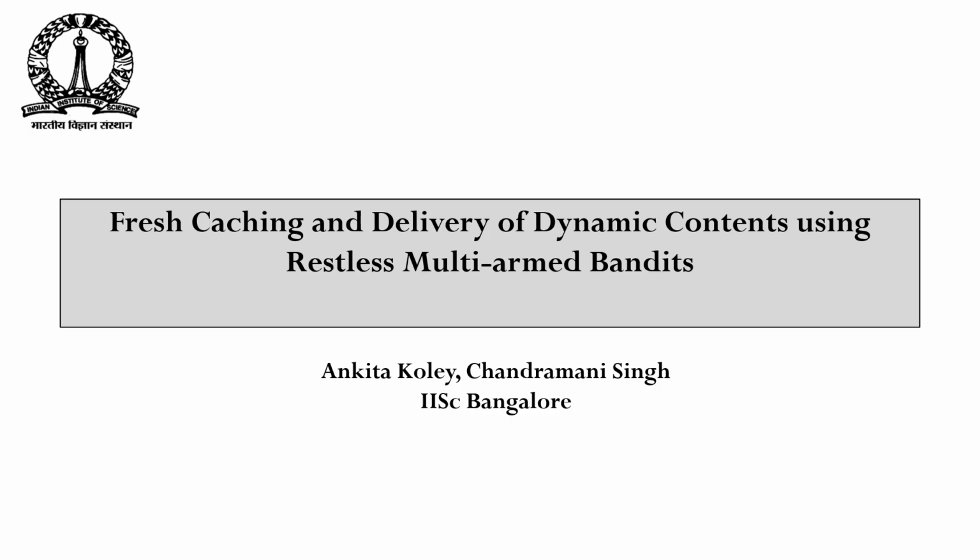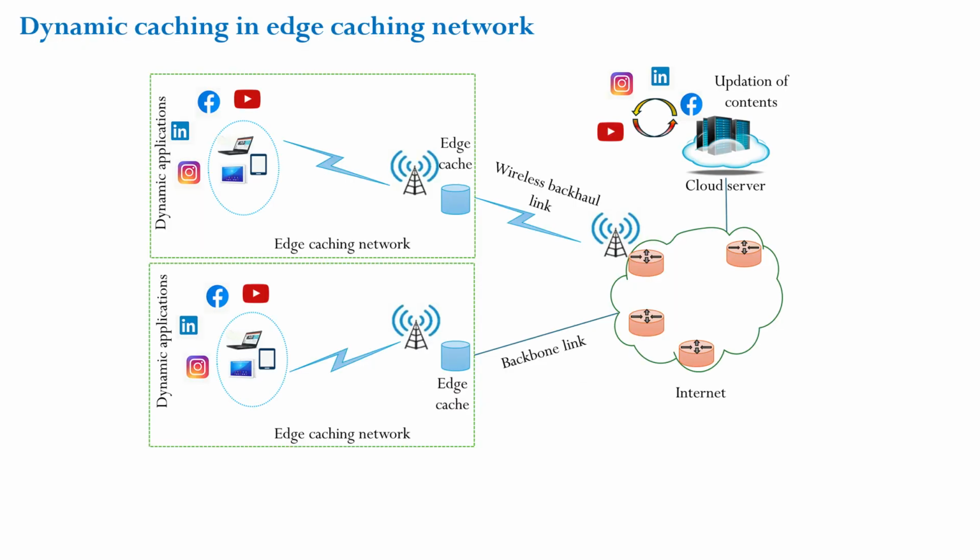Today I am going to talk about our work on fresh caching and delivery of dynamic contents using Restless multi-arm bandits. We consider an edge caching network where a base station is associated with an edge cache, which is further connected to the cloud server through the internet, and the base station has an end user population.